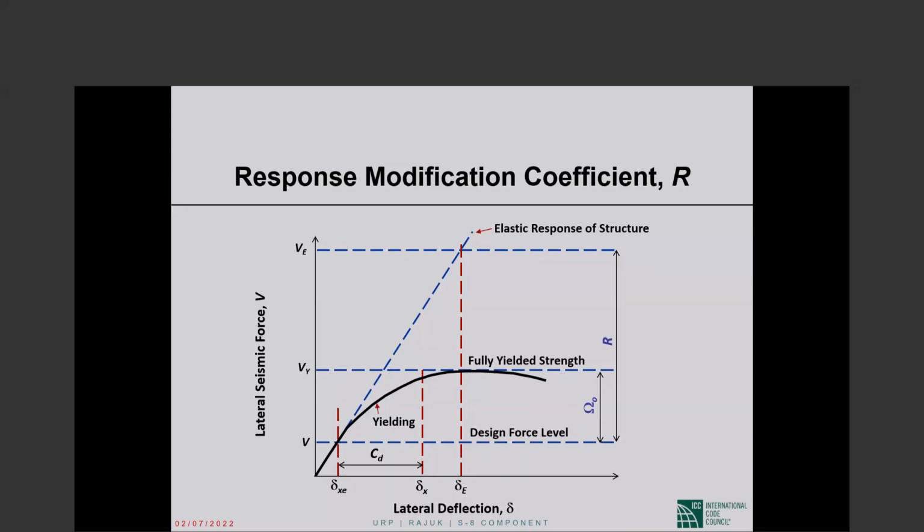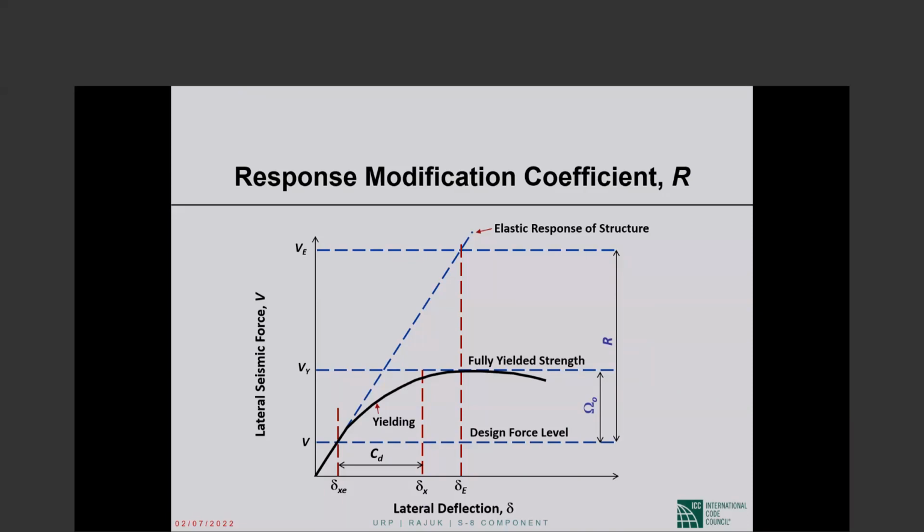The total number of systems is somewhere in the 70s. For each system, we are given 3 parameters: R, C sub D, and omega sub 0. All three actually need explanation because all three play important roles in seismic design, although omega sub zero probably a little bit less so than R and C sub D.